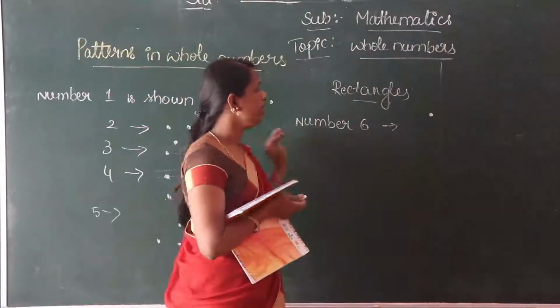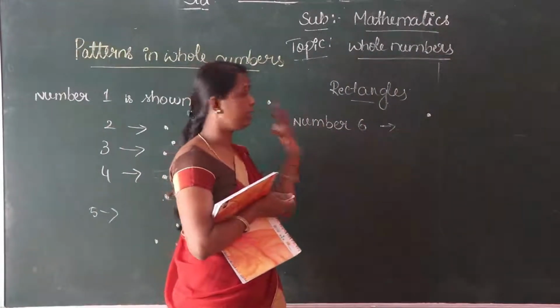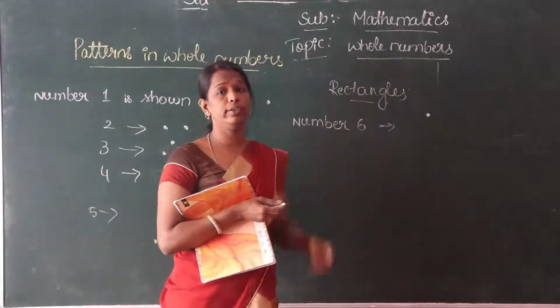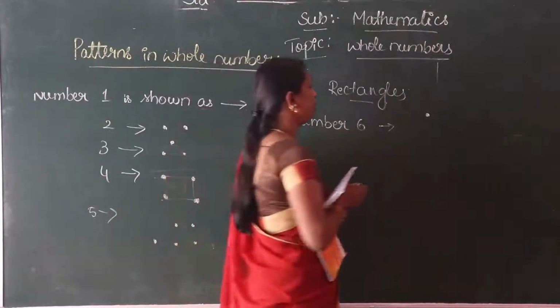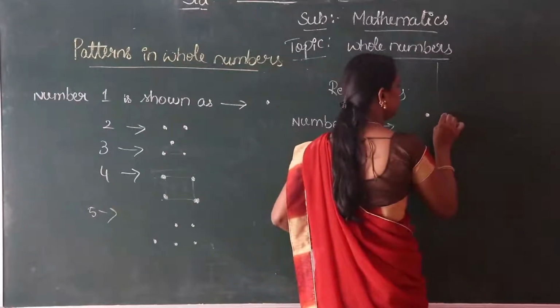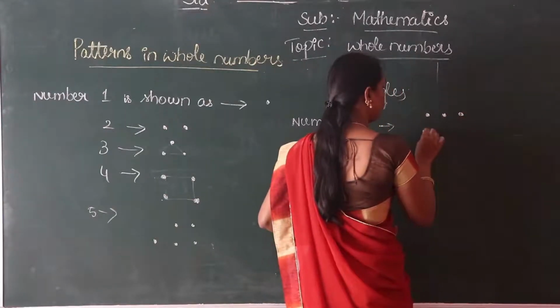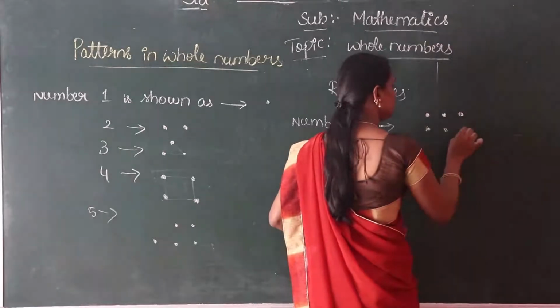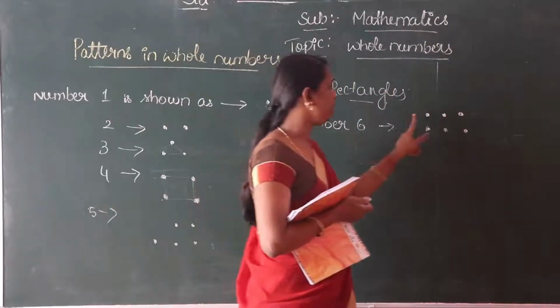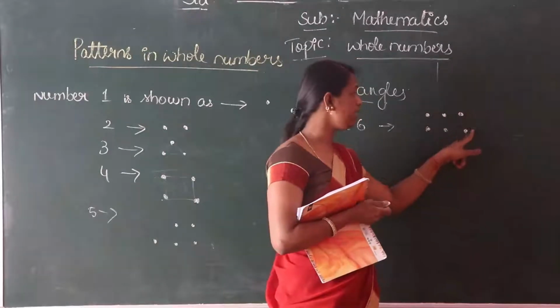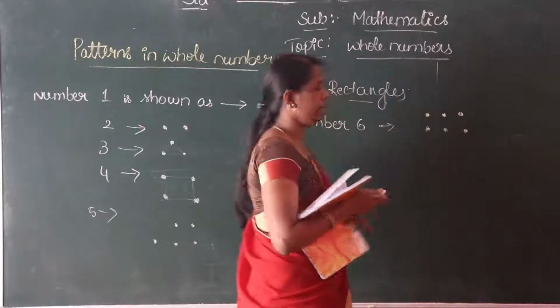These dots, you girls already wrote the rangoli in your homes. So like that you write these dots, 1, 2, 3, 4, 5, 6. So the number 6 can be written in the form of a rectangle. When you join these 6 dots, you get a rectangle.